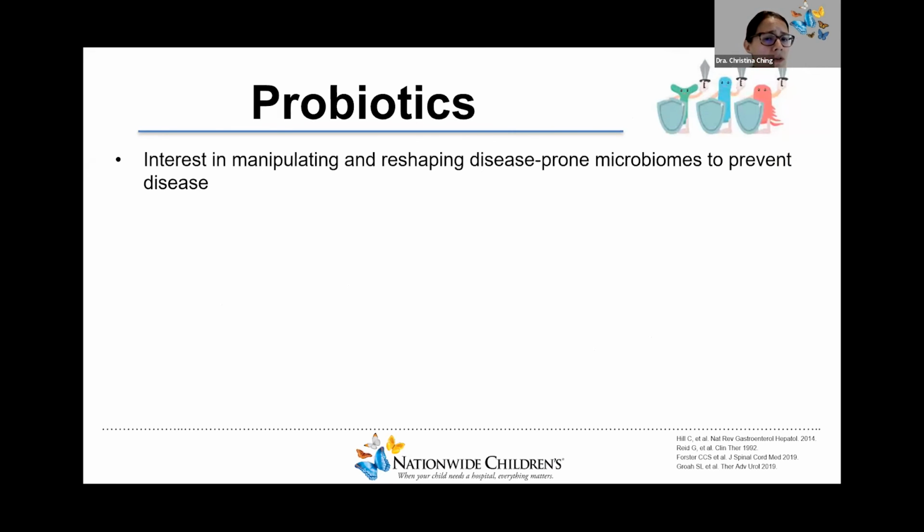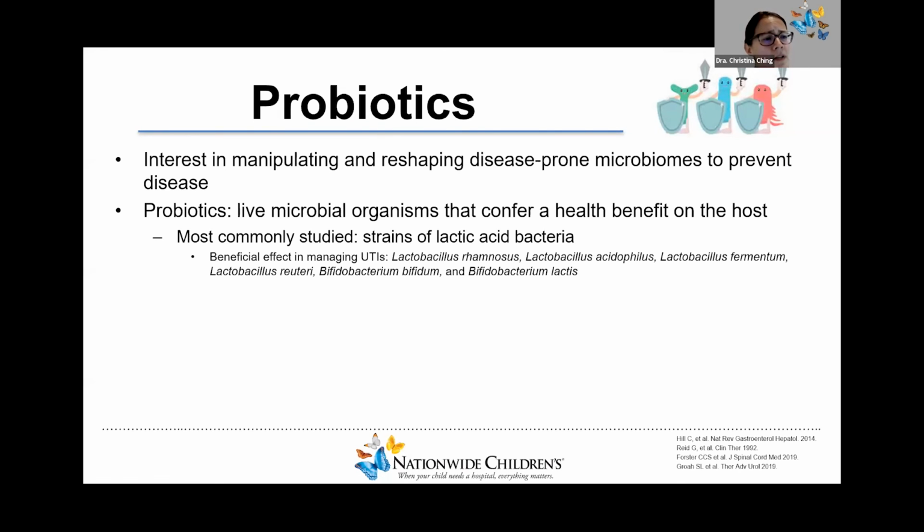Strategies of manipulating and reshaping disease-prone microbiomes may serve as an alternative or supportive option in the management of pediatric urologic diseases. Probiotics, as we know, are live microbial organisms that confer a health benefit on the host. The most commonly studied are strains of lactic acid bacteria, with those found to be beneficial in managing UTIs being in the Lactobacillus and Bifidobacterium genera.